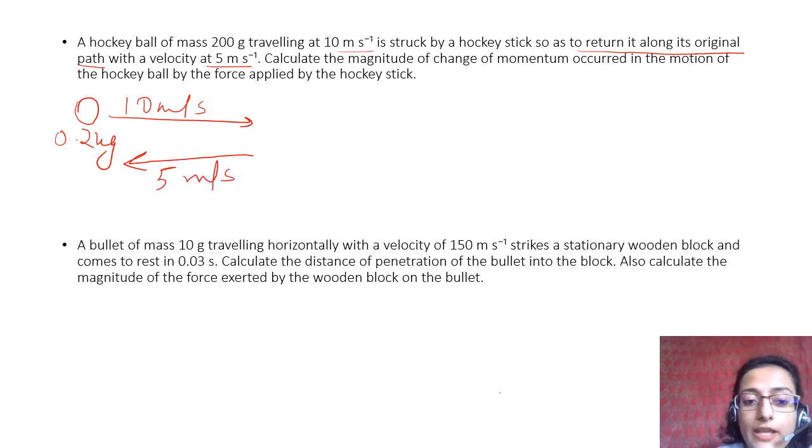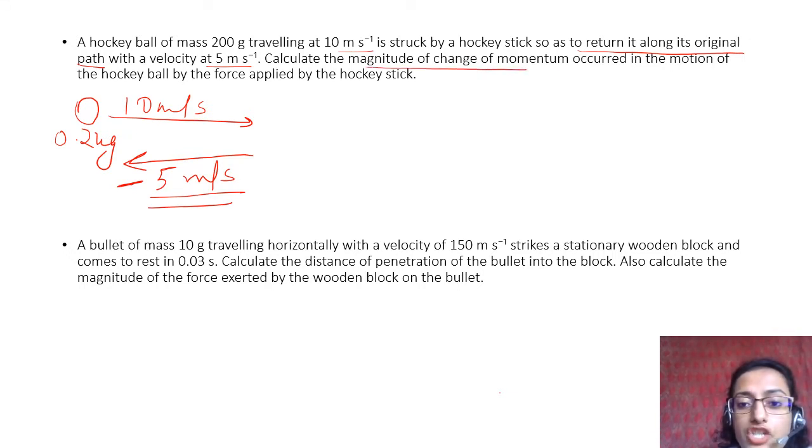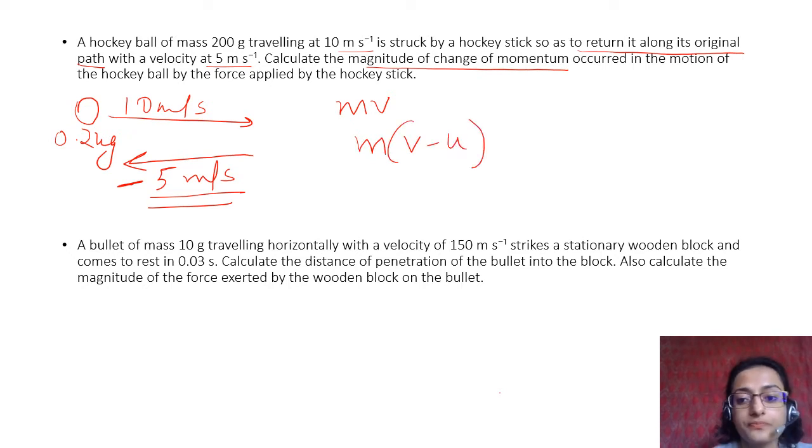So what can you say about this? Since the directions are opposite, same line but opposite directions, we can consider this velocity with a minus sign, right? Calculate the magnitude of change of momentum. What is change of momentum? Momentum is mv. Change of momentum is m into (v minus u).